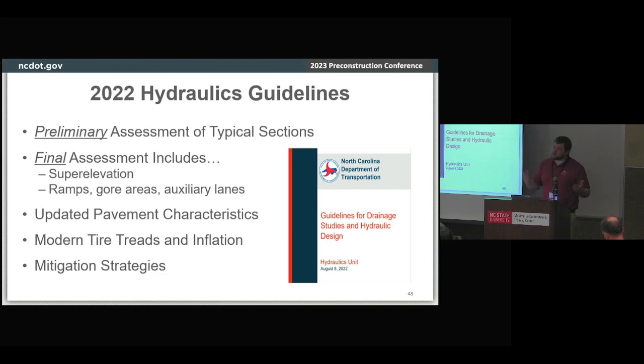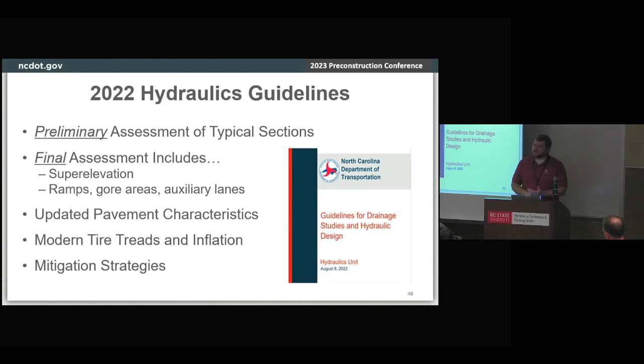I'm sure every roadway engineer would groan if we told them, hey, your design's good, but your typical needs to change completely. So it's good to see it on the front end, and that's what we're trying to do by doing this. And then once we get the preliminary roadway plans, we want to do a final assessment.